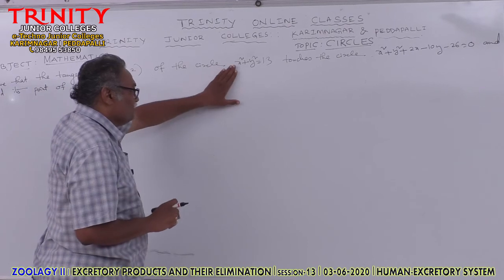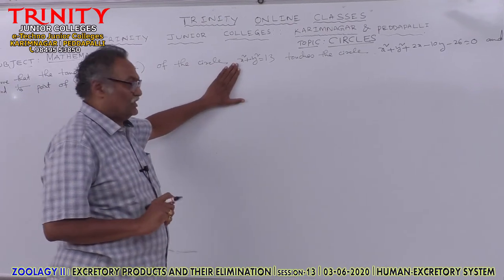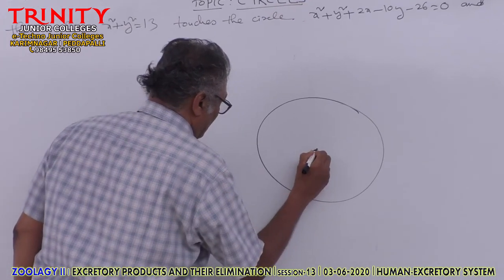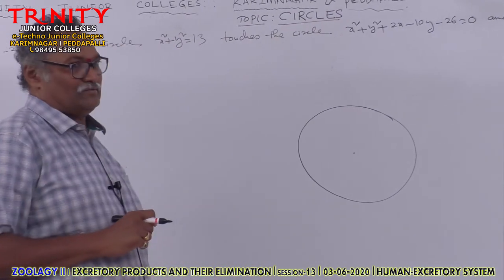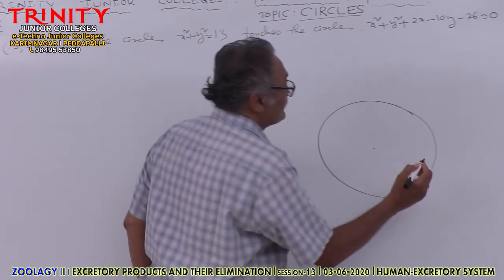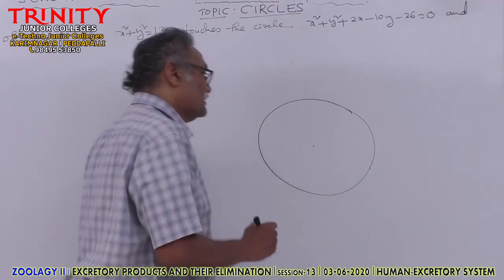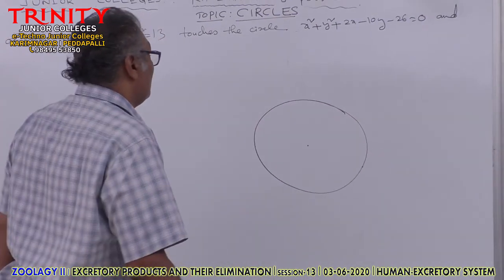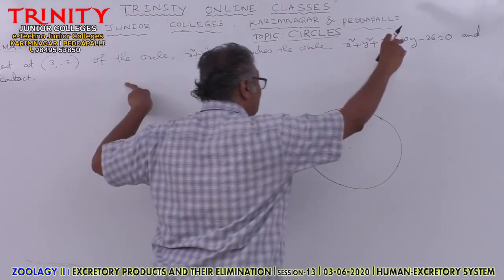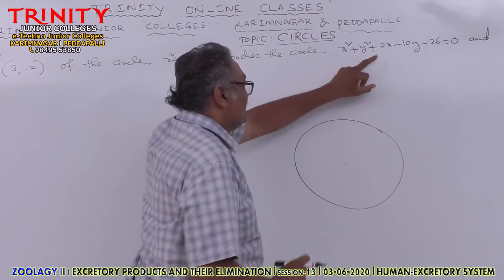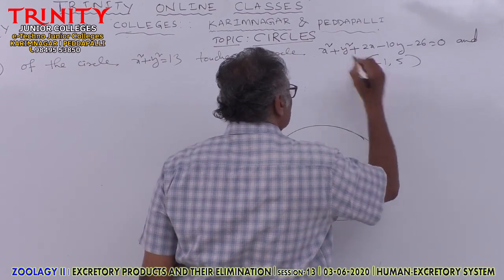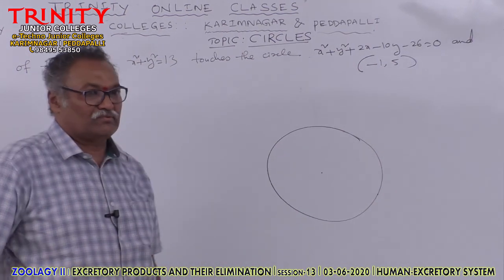Here the center of the circle is 0 comma 0 and the radius is root 13. Here is 3 comma minus 2. Next, the tangent to this circle touches this circle. Its center is minus 1 comma 5.